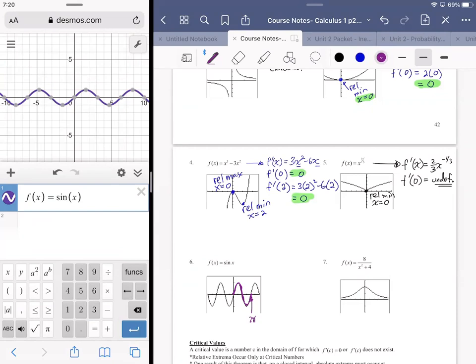I got negative also part of it. But this appears to be a pi. So each little arch seems to be happening in pi unit increments. So it would make sense to say that this is probably 3 pi.